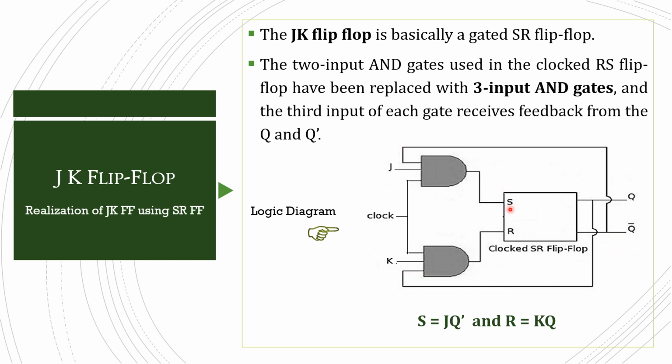So S is equal to J into Q bar and R is equal to K into Q. This is the logic diagram of the JK flip-flop constructed using SR flip-flop.